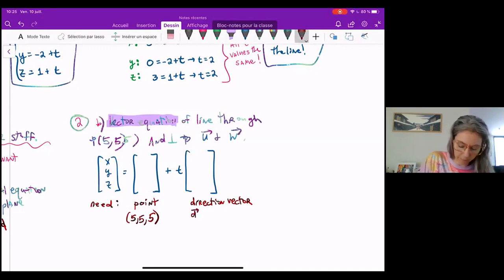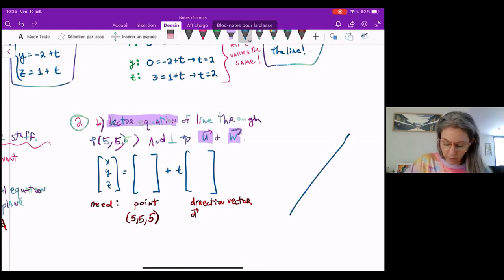I'm gonna call it D. And now what I am given, I'm given vectors U and W, and both of them should be orthogonal to my line. So I'm just gonna draw a picture of my line over here. This is my line, let's call it L. And then I have some vector U, and I know that U is orthogonal to my line.